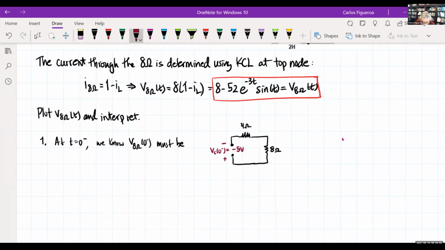So what this tells me is that if I'm looking at the voltage across V8 at 0 minus, it's got to be the opposite of that. So right away, this tells us that V8 at 0 minus must be minus VC of 0 minus, which then gives me minus 5 volts.